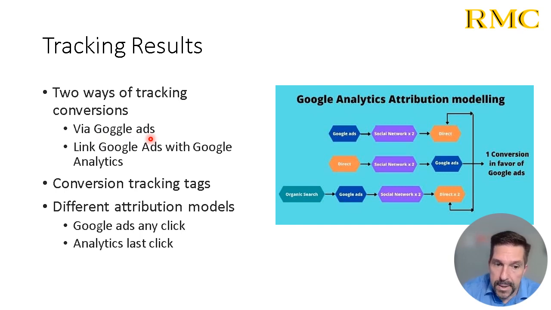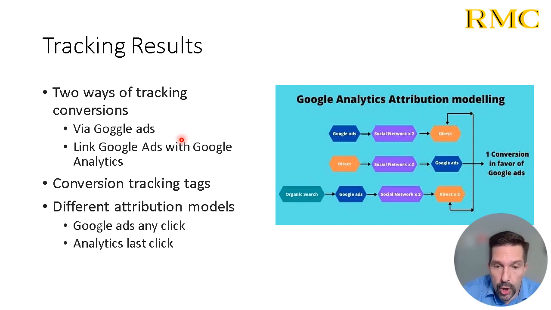But also, and furthermore, depending on what you're doing, if you're doing something more than just Google, you might consider linking it to Google Analytics. Both options are going to enable you to track your conversions, which is absolutely essential for you to optimize your advertising.